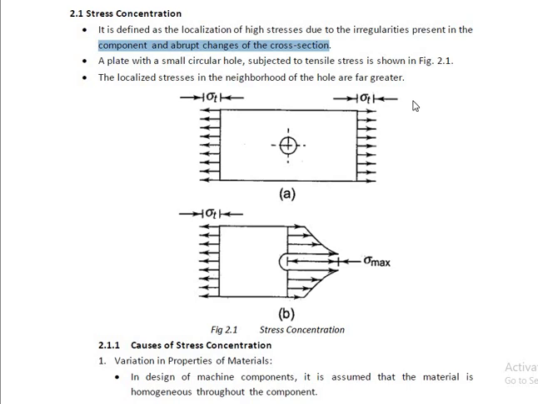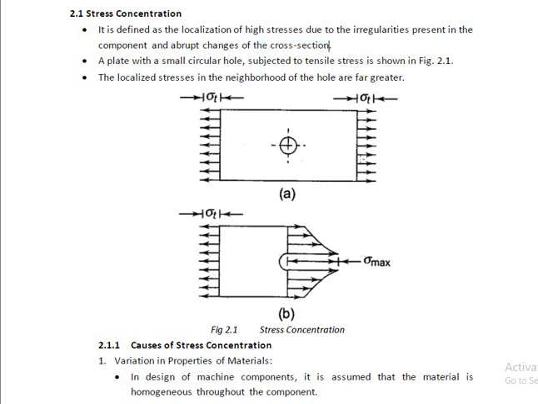That is the localization of high stresses. The reason behind this is the irregularities present in the component and sudden changes of the cross-section, because of the internal resisting area which actually resists the applied force.